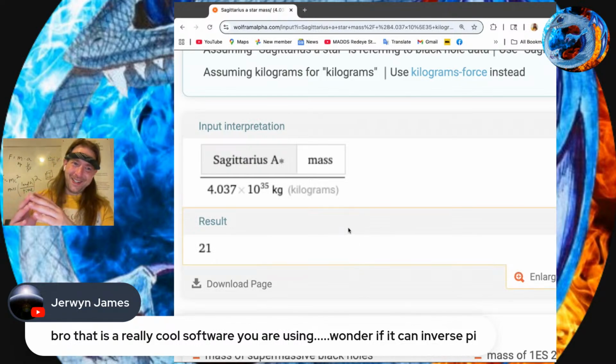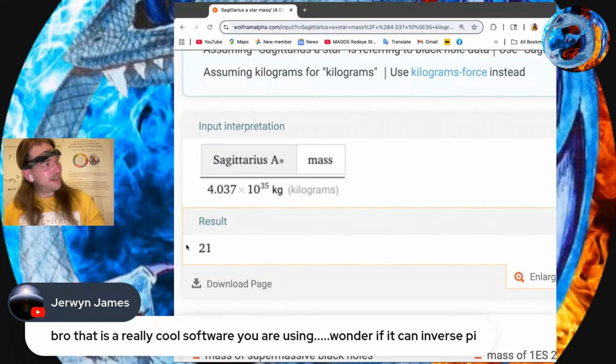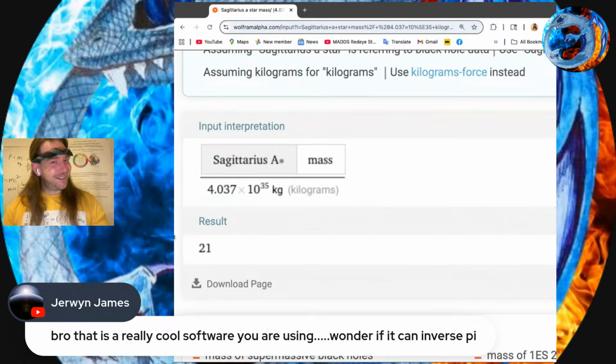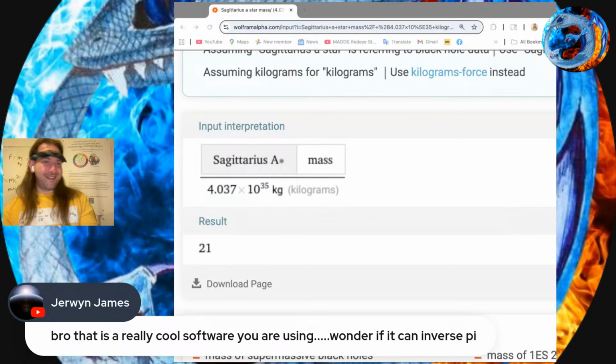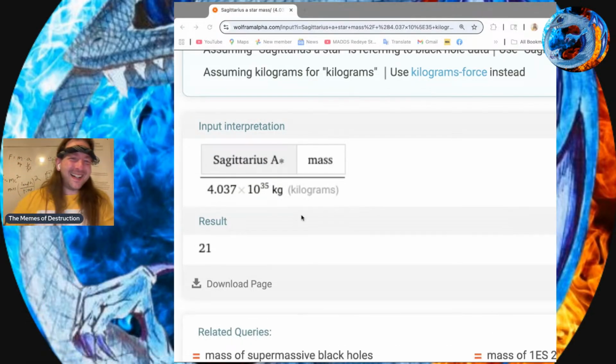Because essentially, in 21 seconds, a maximally entangled observer would output the mass energy of Sagittarius A star. That's freaking crazy. Might be a good source to run some, I don't know, hyperdimensional computer or something like that. It's rampant speculation on my part.